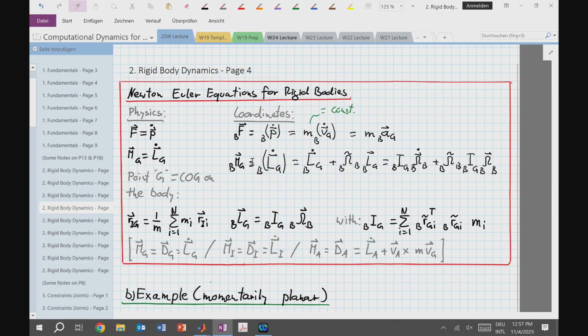That's my change in angular momentum. What does that mean? I get an angular acceleration this way, right? So angular acceleration this way would mean something like this.